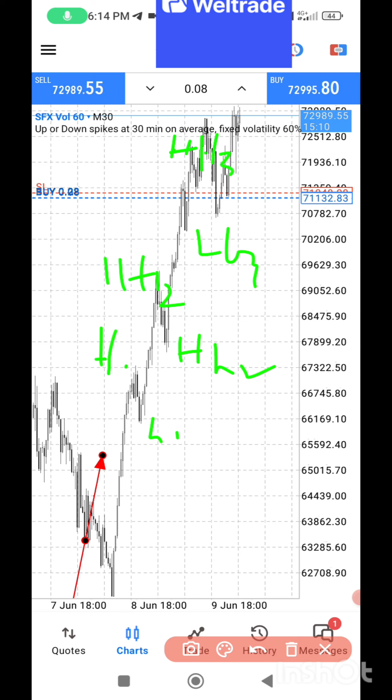So for me to place a buy market here, I need a reaction to the last. In fact, I need to produce hash 4, right?